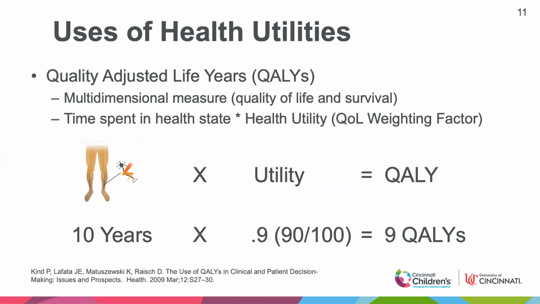With that being said, we can multiply that by a health utility of 0.9, or 90 out of 100, to get 9 quality adjusted life years.